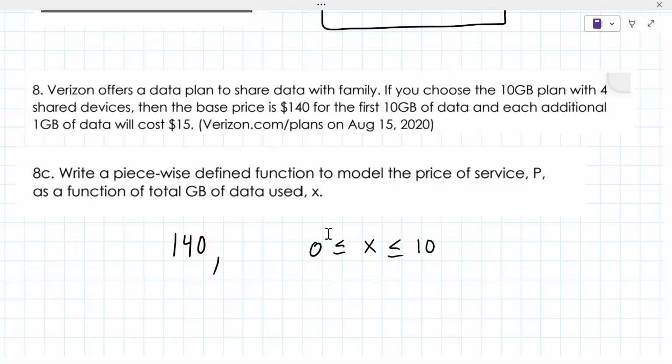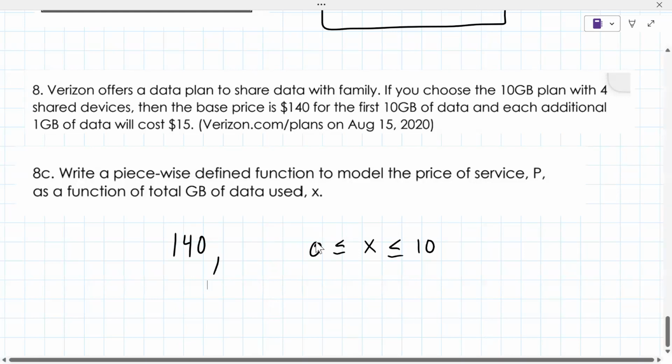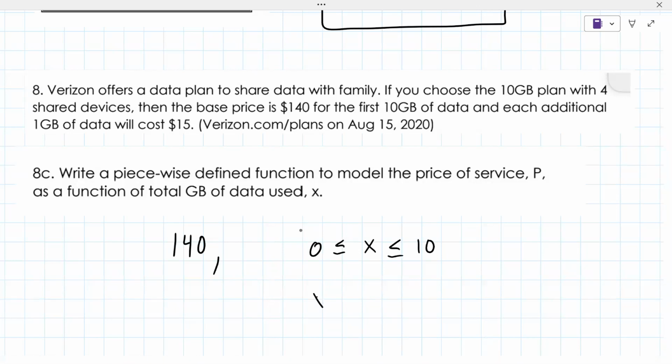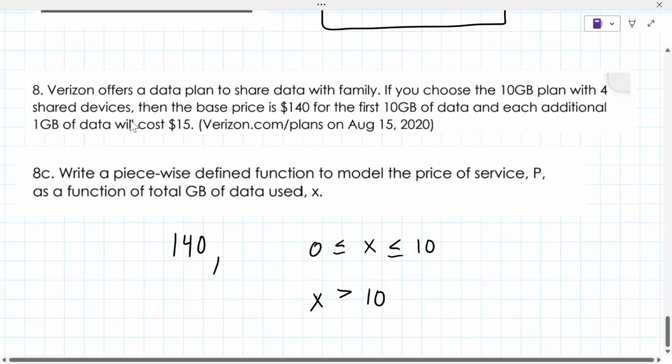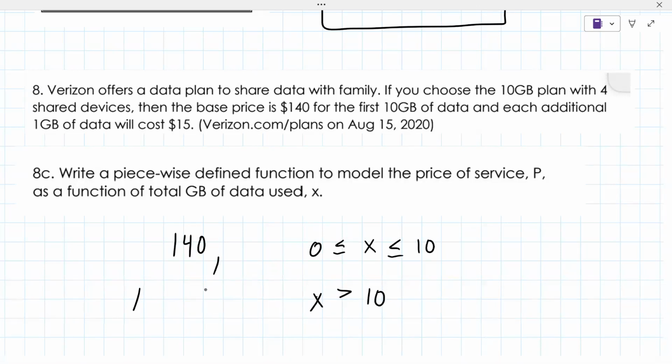Got it. And then what happens? Well, if you want to get more than 10 gigabytes of data, it costs you $15. So it's the base price plus 15 times the gigabytes.